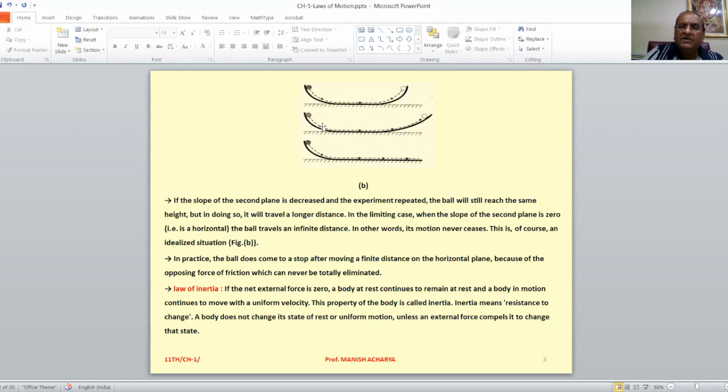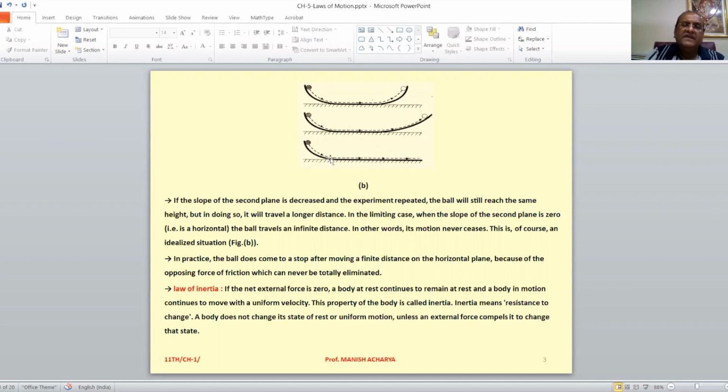Then if on one side the angle of inclination is decreased, he observed that, no doubt, if the object is released from a particular height on one side, on the other side it attains the same height but covers some more distance. And if on the other side the angle of inclination is made zero, it implies that the surface is made horizontal.